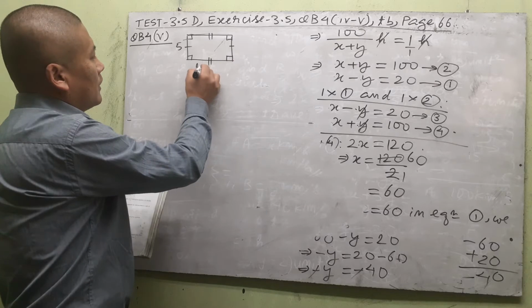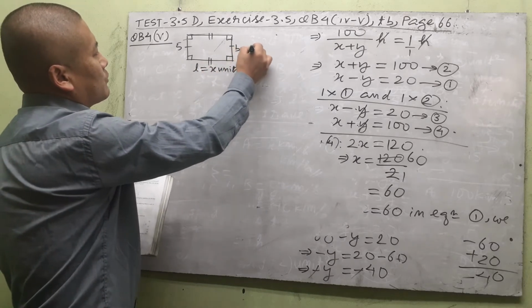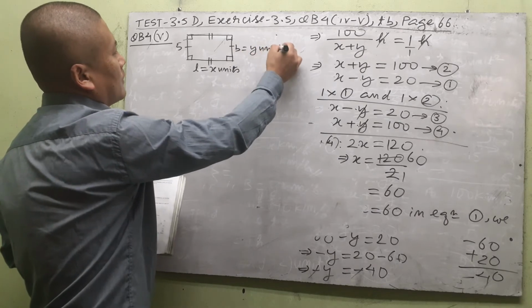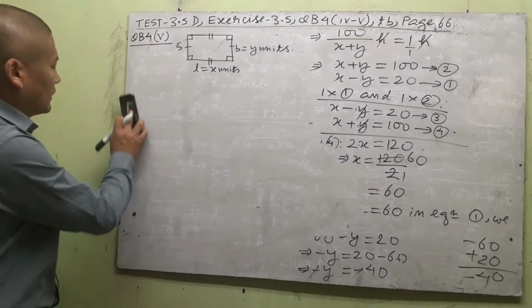A rectangle has 2 dimensions. Length here let us put as x units, and breadth here let us put as y units. So that's what we have to find, L and B of this original rectangle.